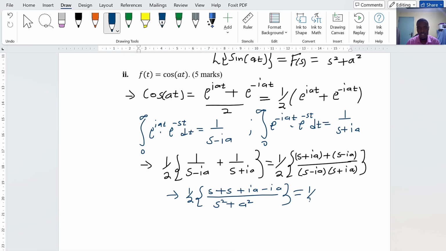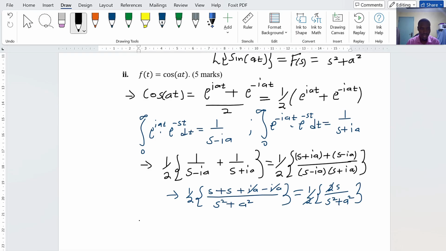Now this will be 1 over 2 multiplied by 2s over s squared plus a squared. The reason is this will cancel this, and again, this cancels that.